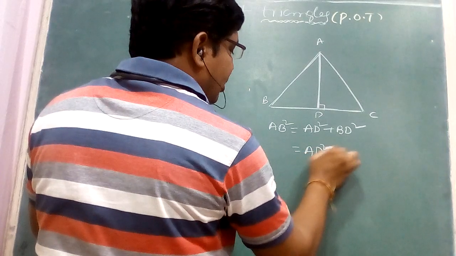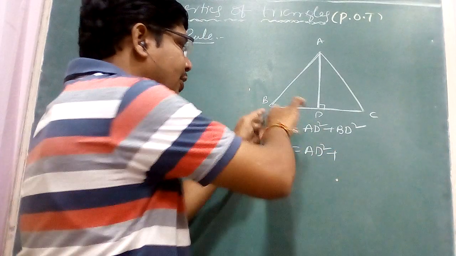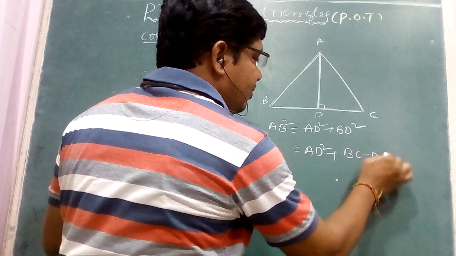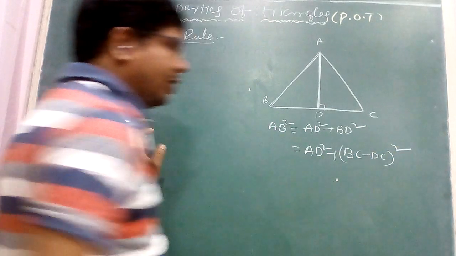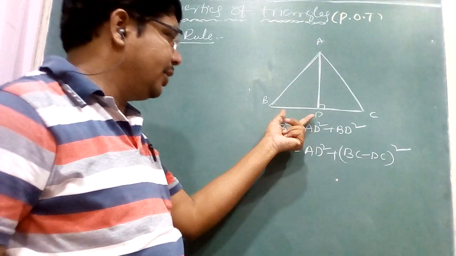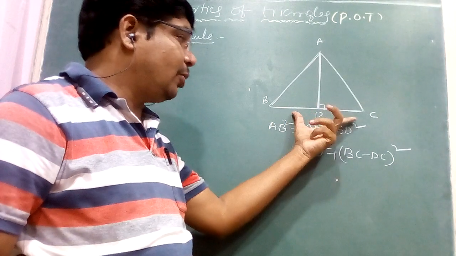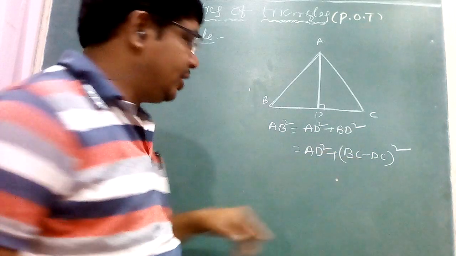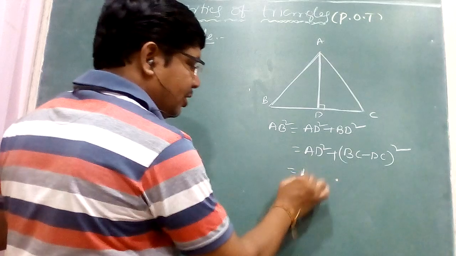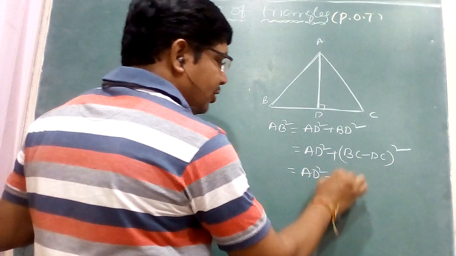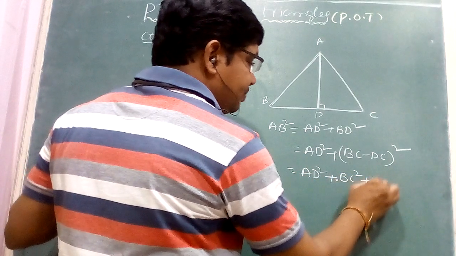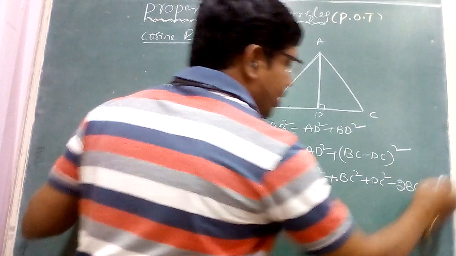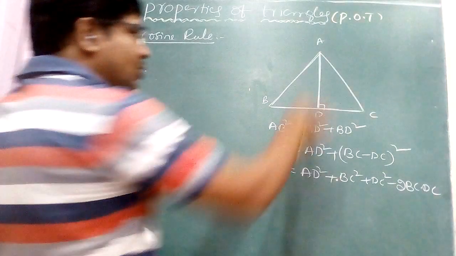In place of BD, I am writing the total part minus this part, BC minus DC, whole square. Now by the (a minus b) whole square formula, AD square plus BC square plus DC square minus 2 BC into DC. Now this is also one more right angle triangle.